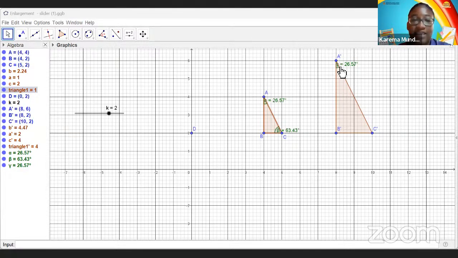Casey is saying the same, and I think somebody answered unmuted and said no when I asked, is it different? All right, good. So we're noticing that those two angles have the same measurement. Now I'm going to ask Miss Cameron to get the measurement for angle C prime, and let us compare and see if the angle there is the same or different from the measurement at angle C.